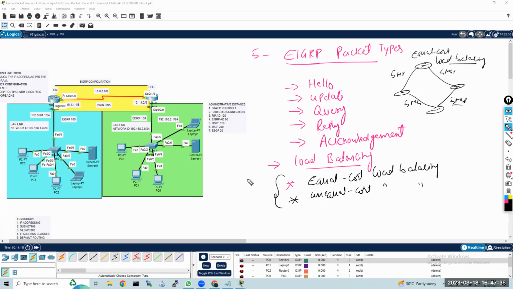Now what is unequal cost load balancing? Let's say example X. I have the router connected in this way, and maybe I'll use one more router here.